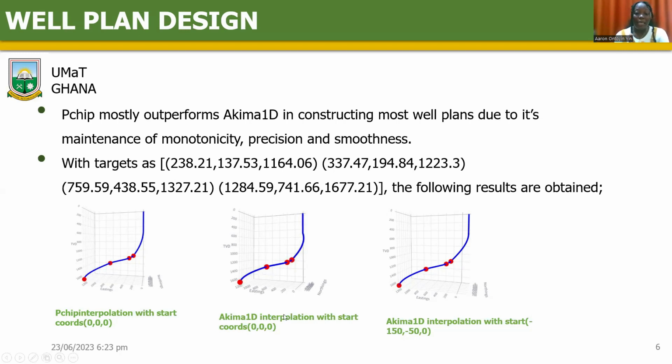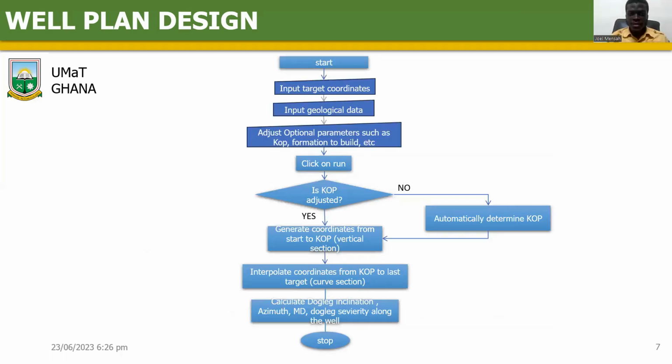After the kickoff point, the curve protruded before continuing to the last target. And we can adjust that by restarting the start coordinates by 150, -50, and 0 to be the same as the P-chip interpolation. This is the flowchart for the work plan design.